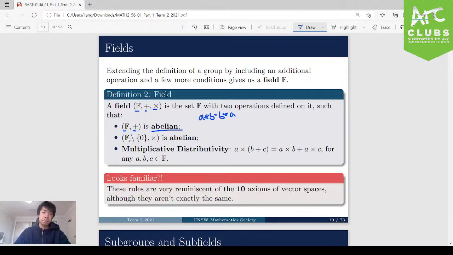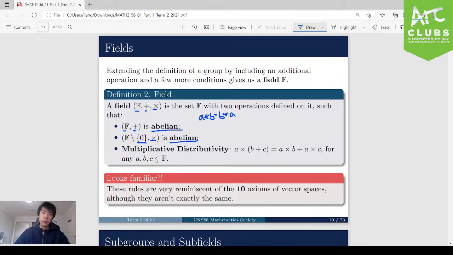And the second dot point is that you have the set F omitting the 0 element under the second operation, and that is also still abelian. Same thing as before, okay, except this time it's omitting the 0 element. So it has to be a group, and it also has to be a group that commutes.